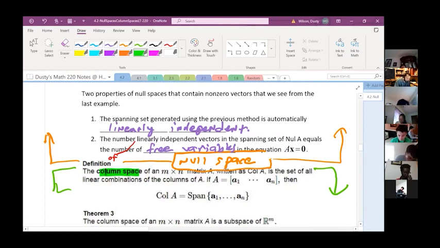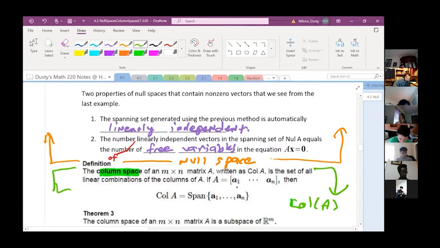So the column space of an M by N matrix A, written as Col A, is the set of all linear combinations of the columns of A. And so you can think about this as if A has columns A1 to AN.